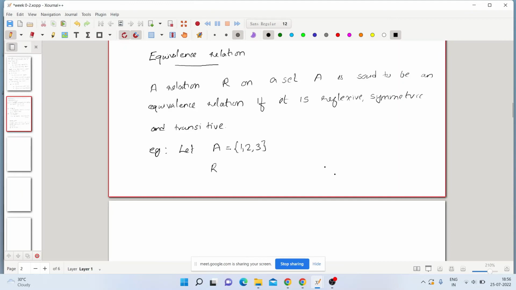And also, if there exists a bijective map from A to B, then we say there is a one-to-one correspondence between A and B.